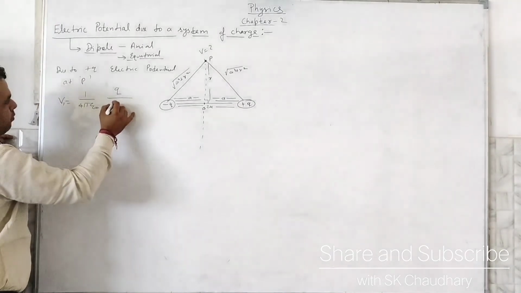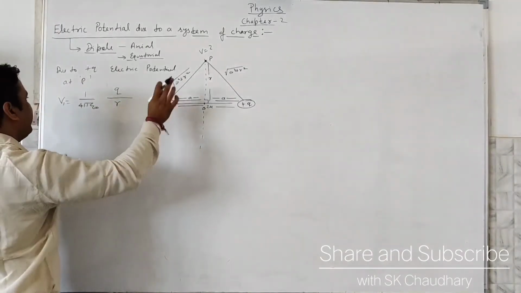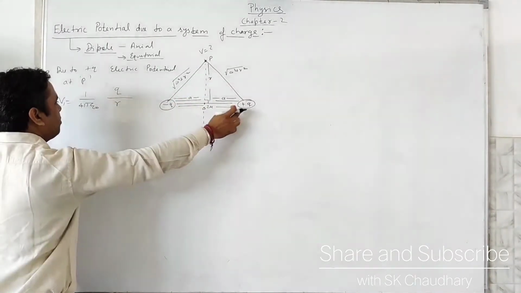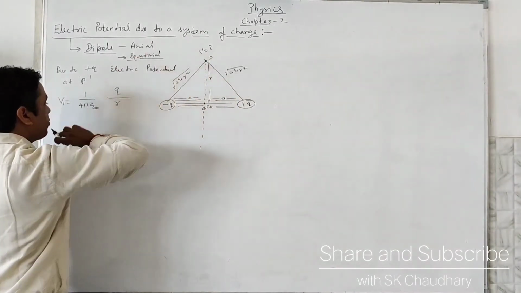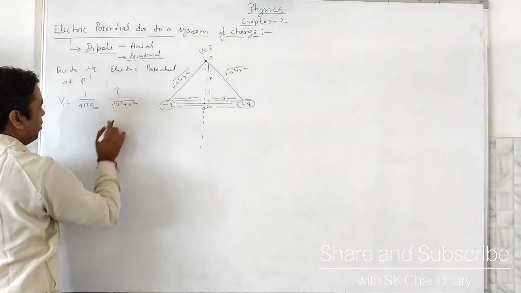According to the formula it is r, but what is the distance here? Here the distance from the positive charge to this point is under root a square plus r square.